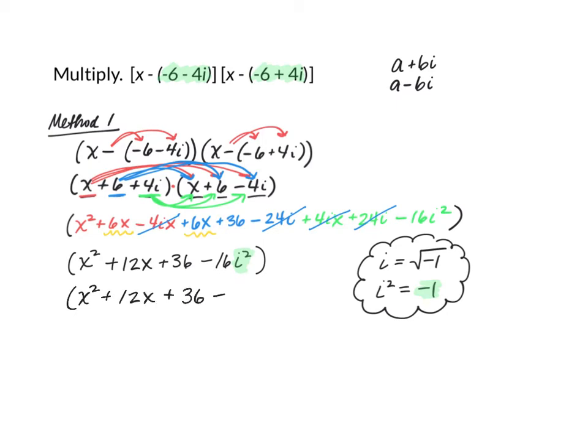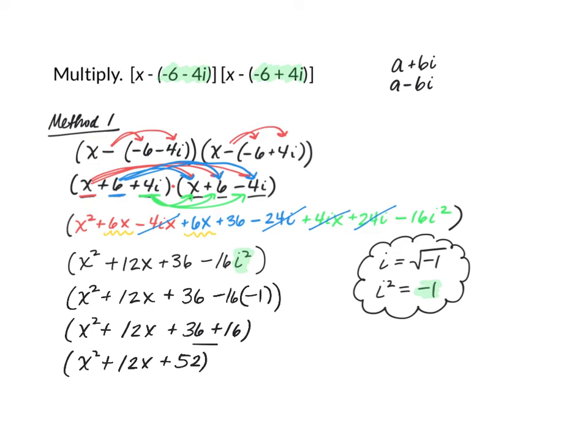So this will become negative 16 times negative 1, which is going to be a positive 16. And then we'll be able to add the positive 16 to the positive 36. So we'll end up with x squared plus 12x plus 52. And that would be our answer when we multiplied these two expressions that contained complex conjugates.